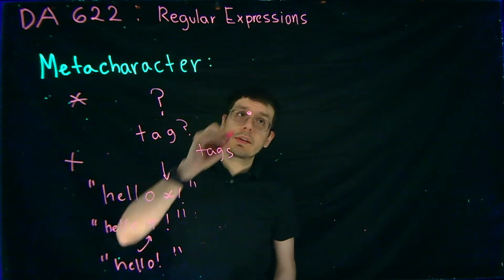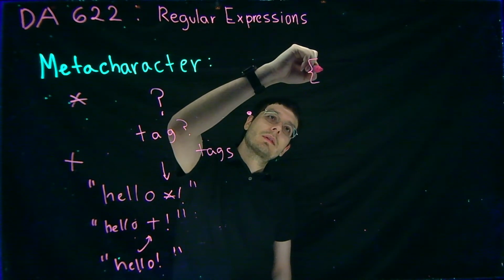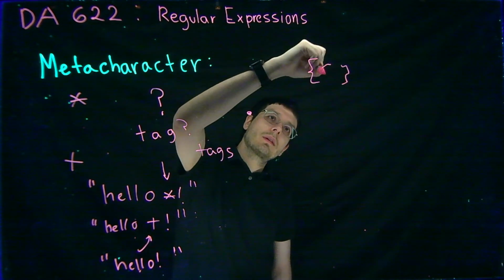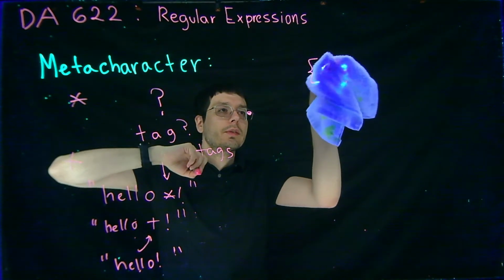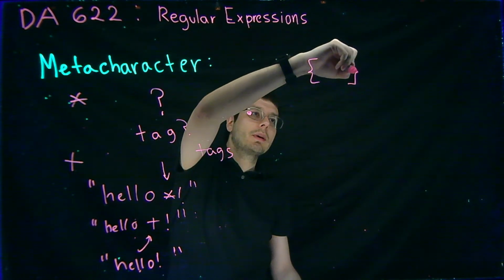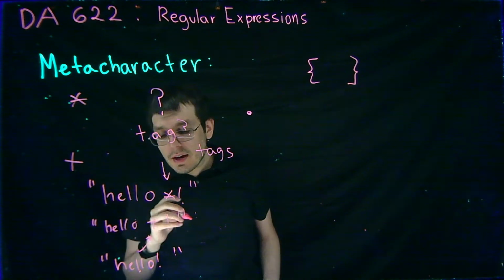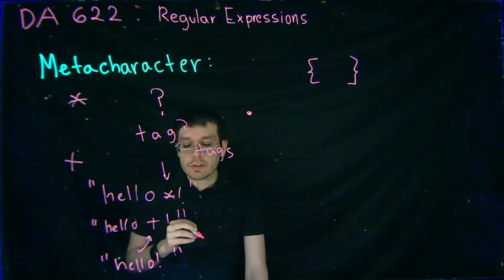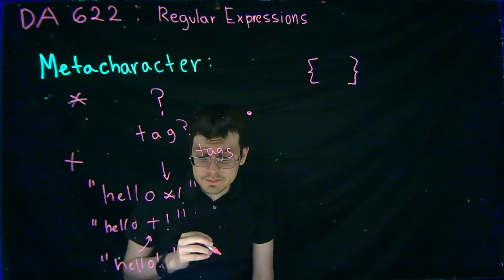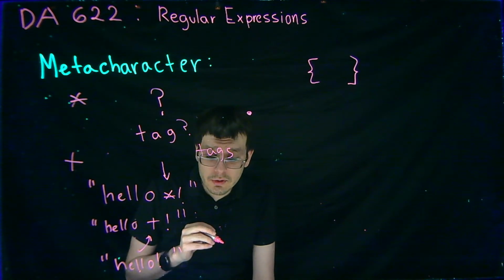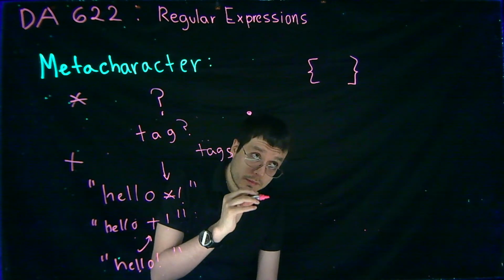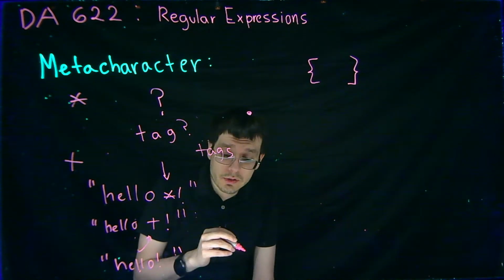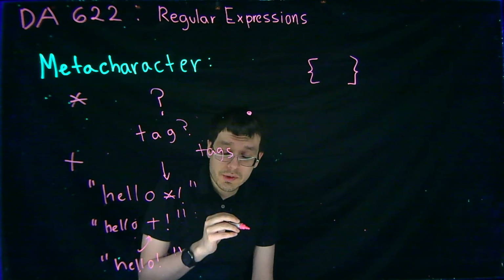You can do things like the curly braces, like if you're doing a function in Python, and then in there you put the number of occurrences that you want for something. Okay? So are you looking for one occurrence, two occurrences, three occurrences, 50 occurrences?